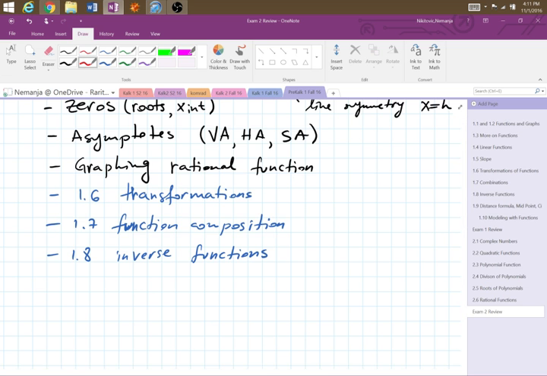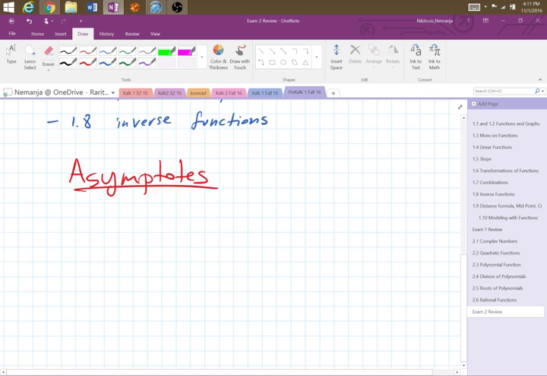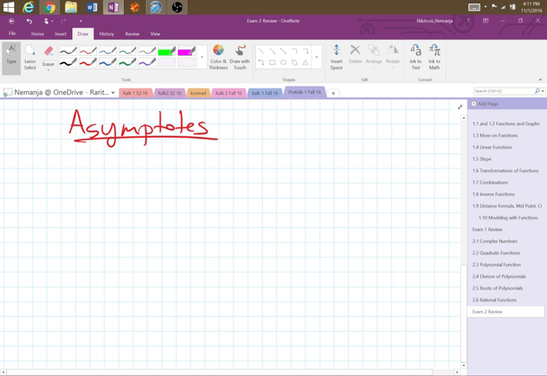So this discussion now is on asymptotes. These are extremely important concepts: horizontal, vertical, and slant. We'll start with vertical first.